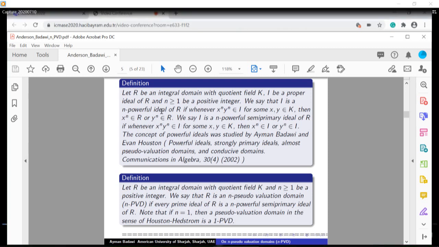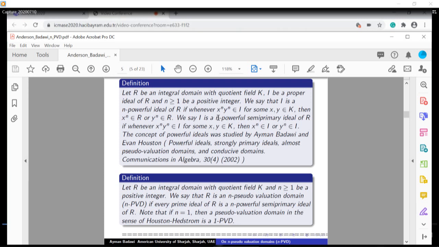Okay? So that is what n-powerful ideal means. And here we fix an n. That's crucial to follow: n is fixed. And I will be called an n-powerful semi-primary ideal if, with the same condition, whenever x^n, y^n in I for some x, y in K, here we want x^n in I or y^n in I. So that's the difference between n-powerful and n-powerful semi-primary ideal.